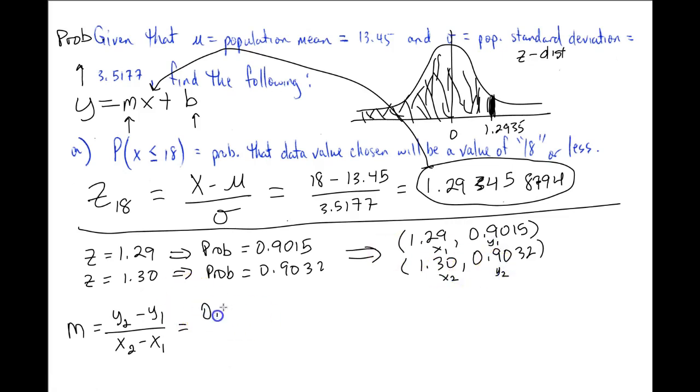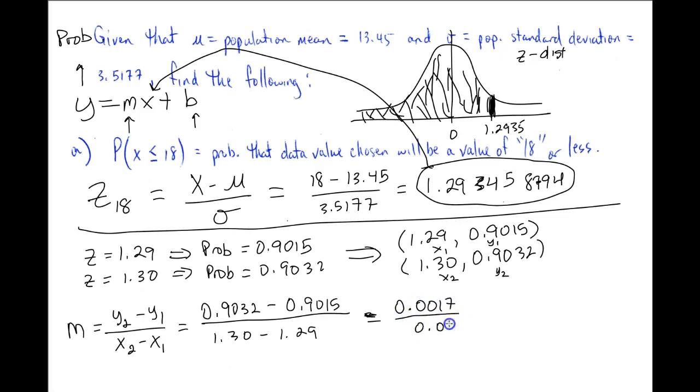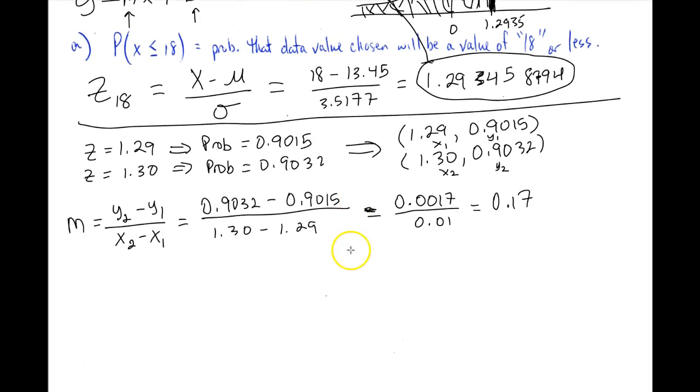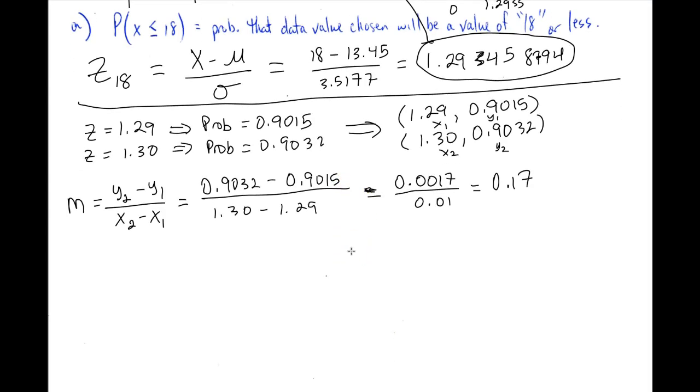And when we do that, just go ahead and write everything in. When we do this, we'll see that the numerator ends up being 0.0017. Denominator is 0.01. And the answer that we get when we do that is just 0.17. So 17 100ths. So from there, we'll use this slope and one of the 2 points to be able to find out our equation of a line.